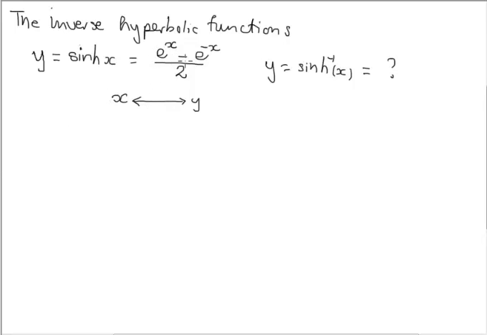Which means now in this function, we're going to say x equals sine hyperbolic of y, which equals e to the power y minus e to the power minus y, all over 2.